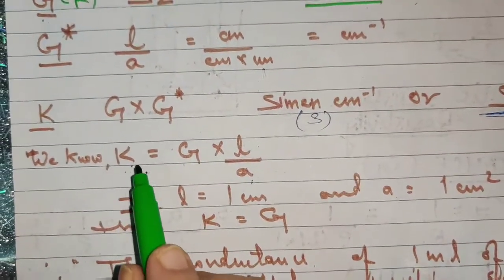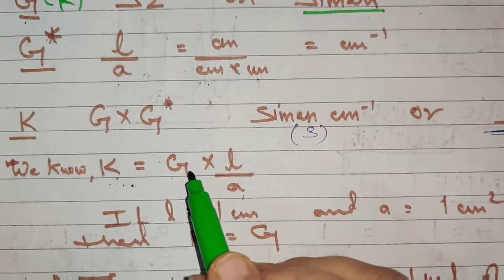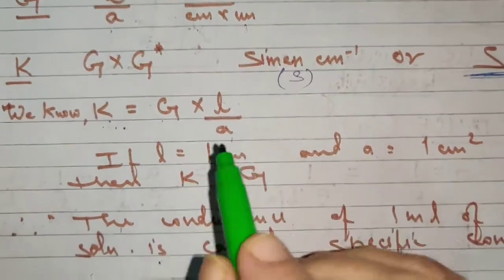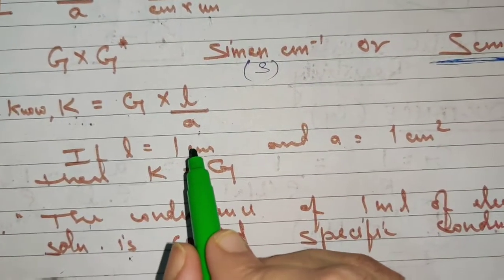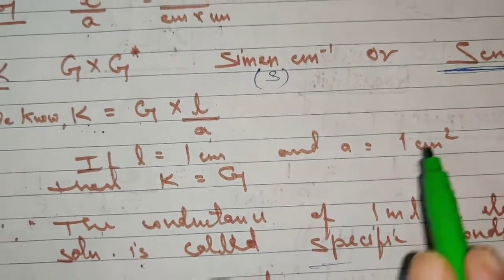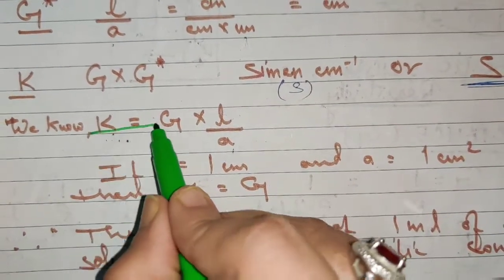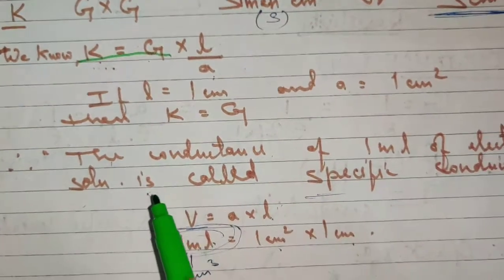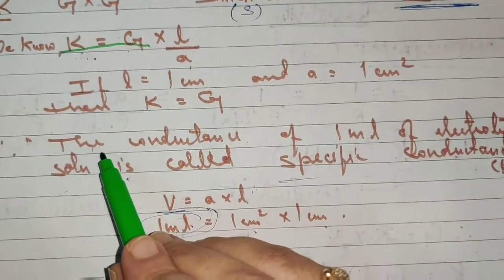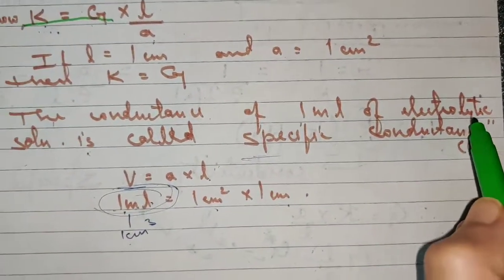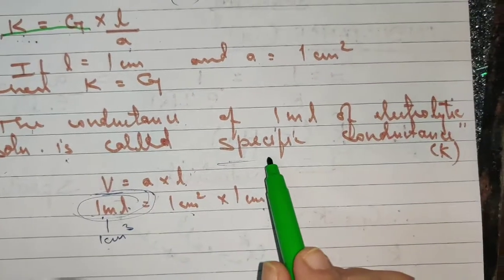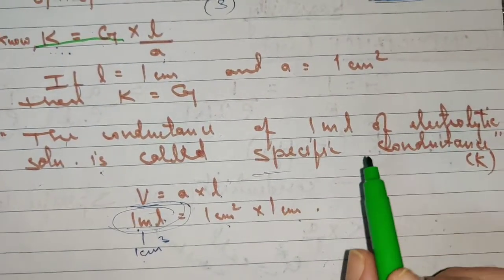We know that this specific conductance is equal to G into L upon A, and if the value of L is 1 centimeter and area is 1 centimeter square, then these two will become equal. So you can define it as the conductance of 1 ml of electrolytic solution is called specific conductance. Now why 1 ml?